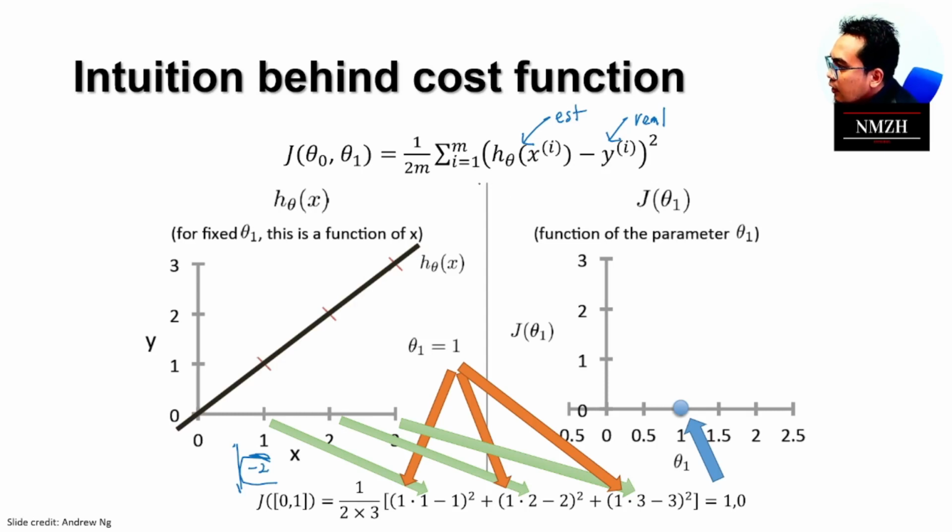Then we have 1 over 2. Remember, J is equal to half of MSE. Now we try to find this function based on this particular given line. All right, so take a look over here.